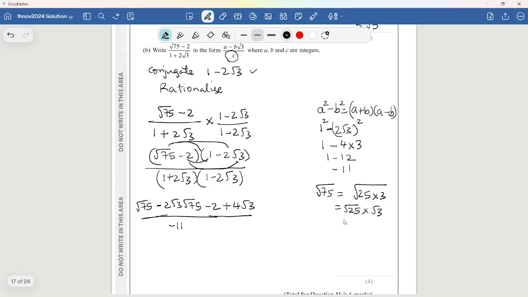The square root of 25 is 5, because 5 times 5 is 25, and there is this root 3. So root 75 is equivalent to saying 5 root 3. So I can replace root 75 by 5 root 3. And then we have 2 root 3. Again, root 75 can be written as 5 root 3.